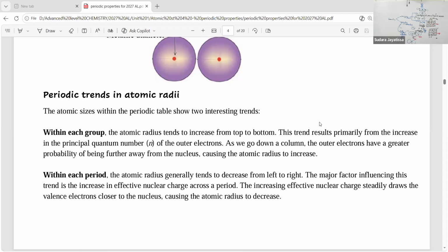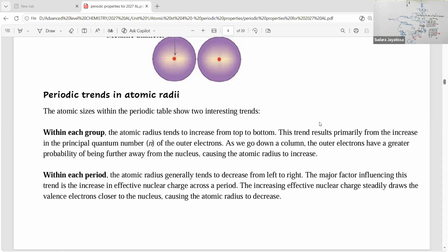Within each period, atomic radius generally tends to decrease from left to right. Highlight that.